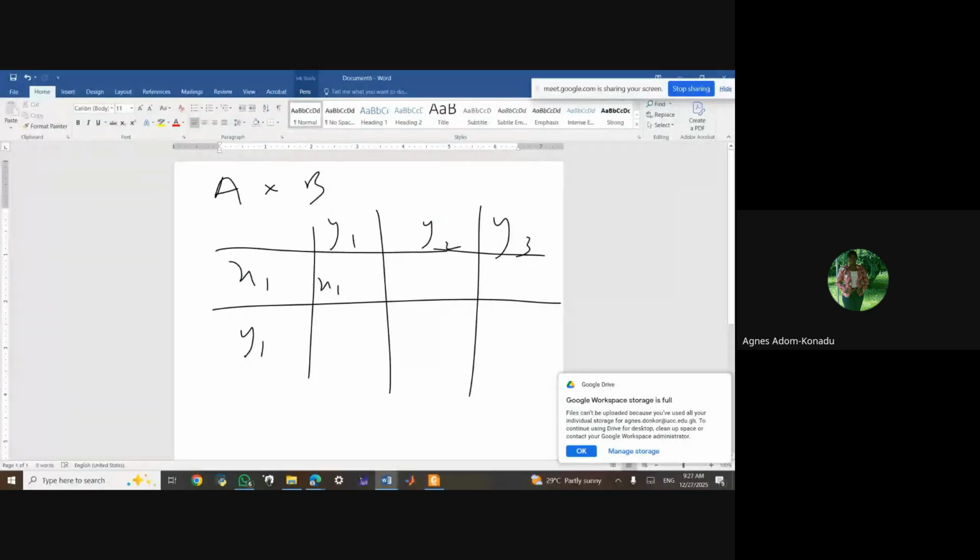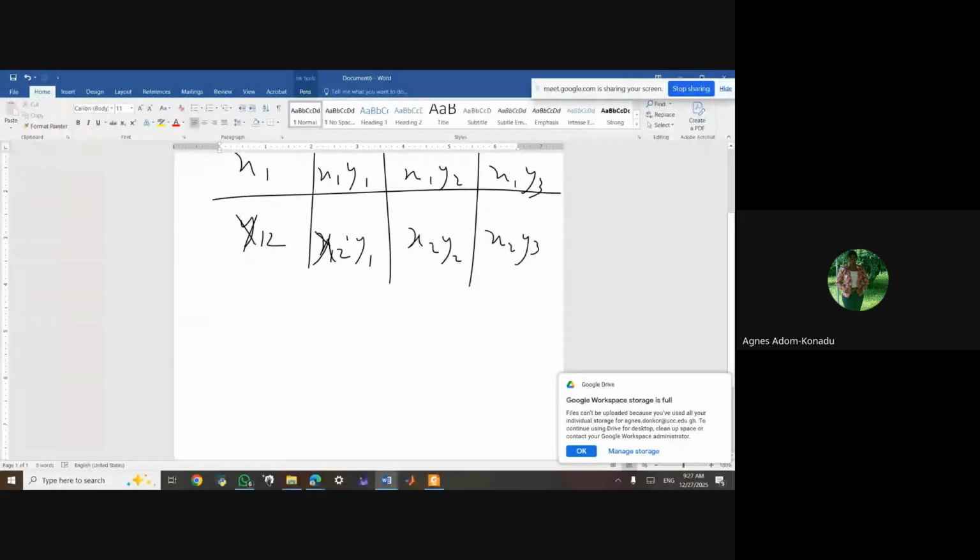So this is x1, y1, x1, y2, x1, y3, then x2, y1, x2, y2, and then x2, y3. It's supposed to be 2 times 3, so 1, 2, 3, 4, 5, 6.